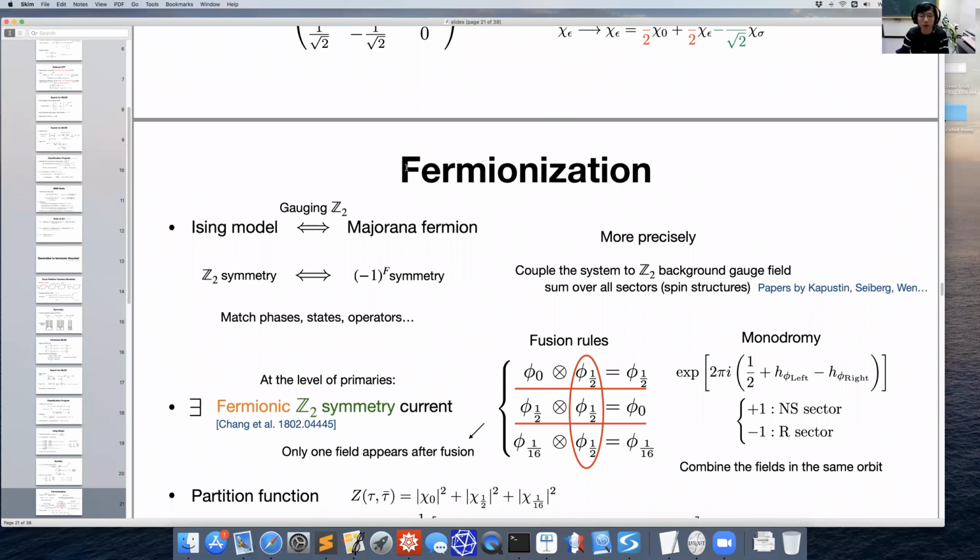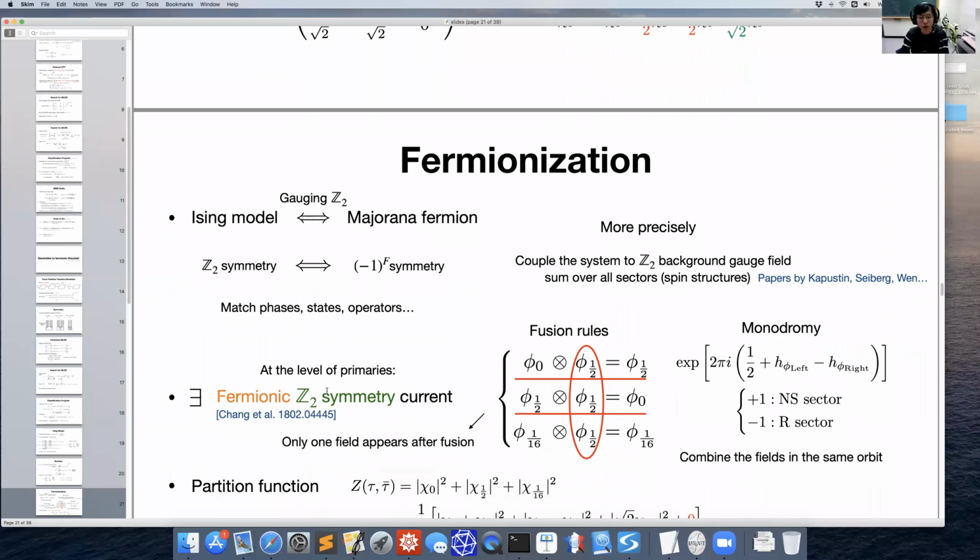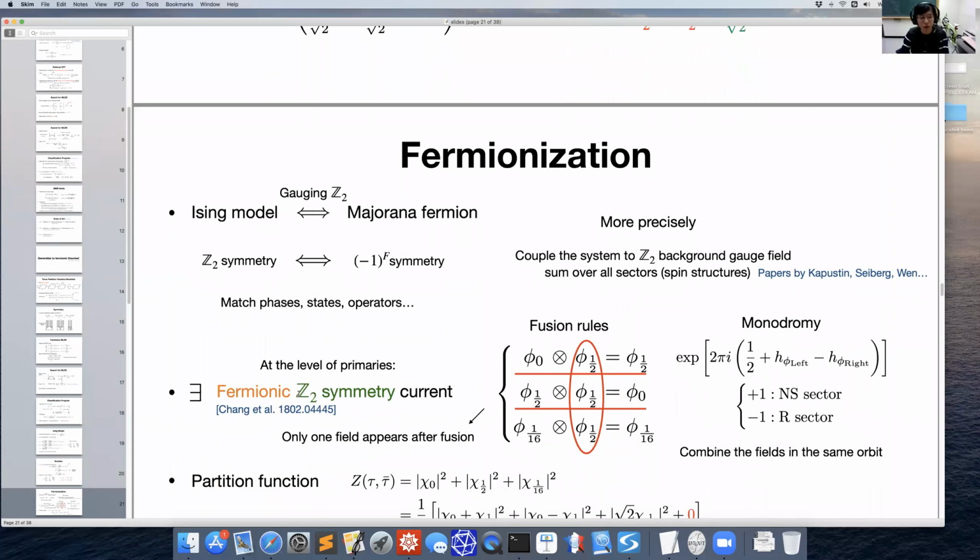I claim that the fermionization procedure is possible due to the presence of a fermionic Z2 symmetry current. Here, the Z2 symmetry is reflected by the fusion rules. This current is phi_1/2, which is the epsilon; I changed epsilon to 1/2 to denote the conformal weight. If you compute the fusion rule of this field with itself, you get back the vacuum identity.